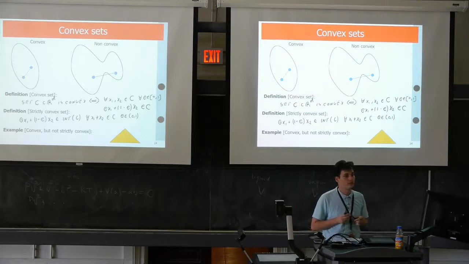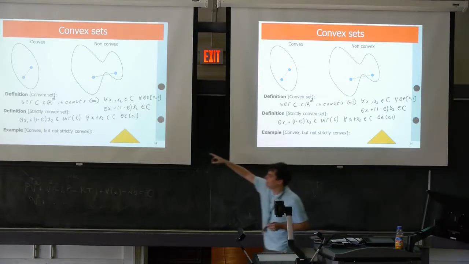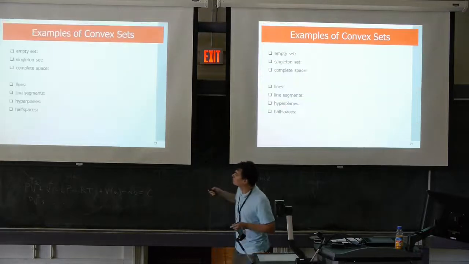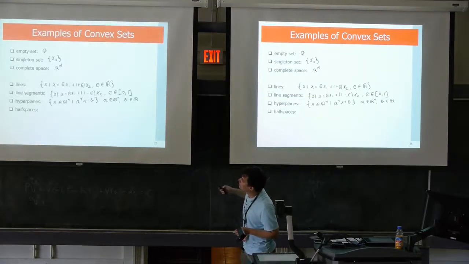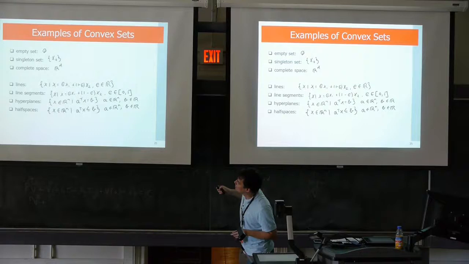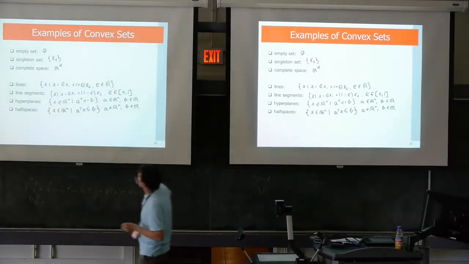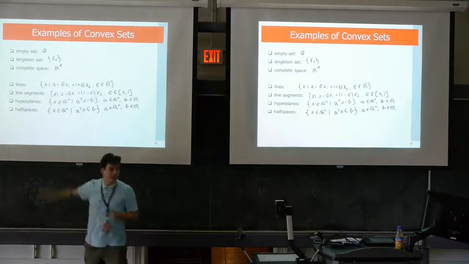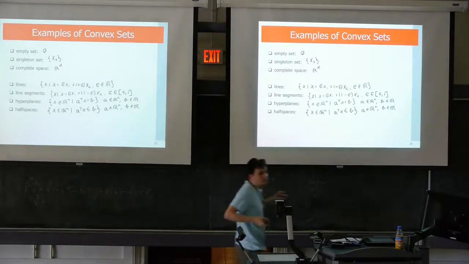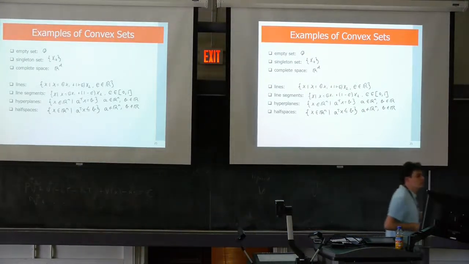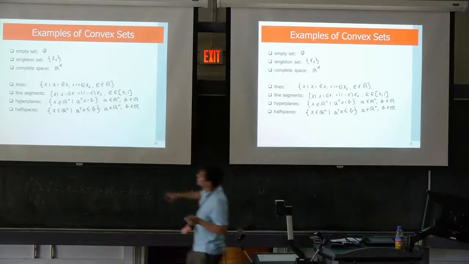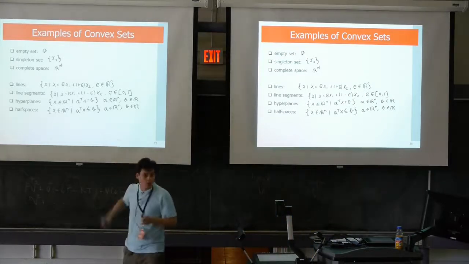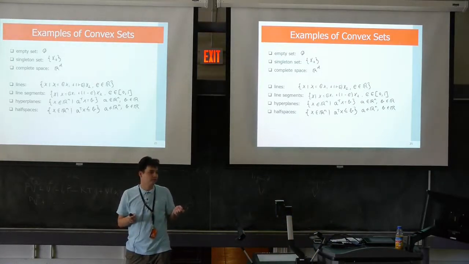So if you have a closed, so this one, right? Yeah. So the question is, it's not a homework question, right? So I don't know whether to answer or not. So how does a hyperplane look like?